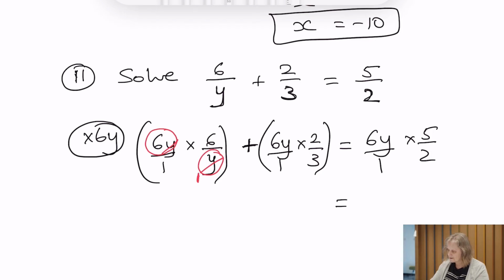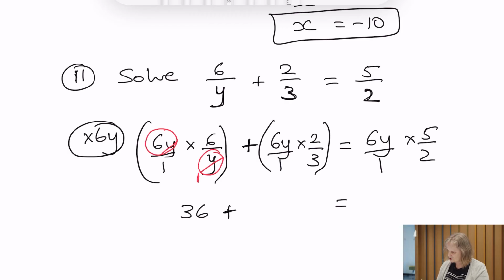Simplifying, 6 multiplied by 6 gives us 36 over 1 times 1, which we write as the whole number 36. By multiplying through by 6y, the first term has lost its fractions and we've just got 36.